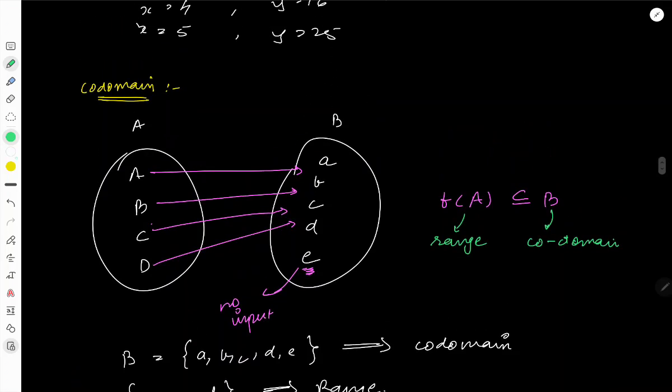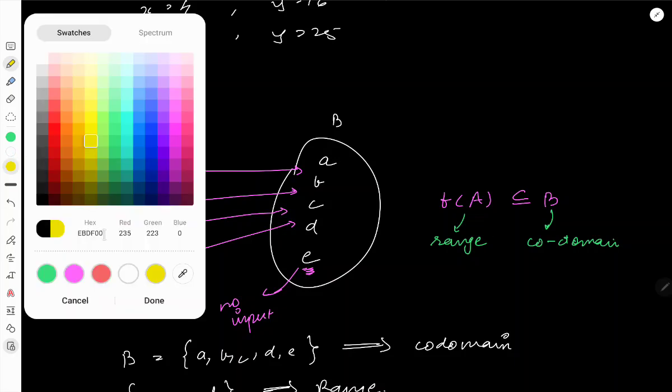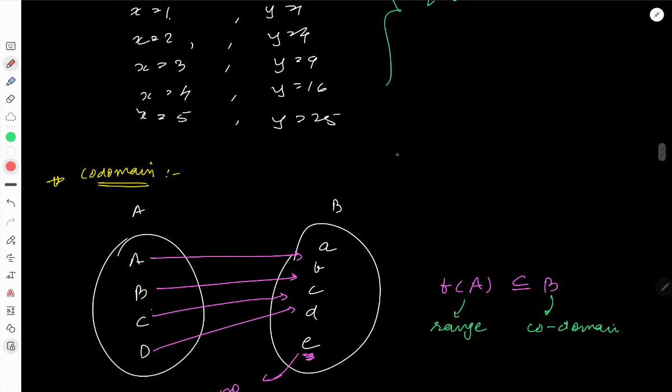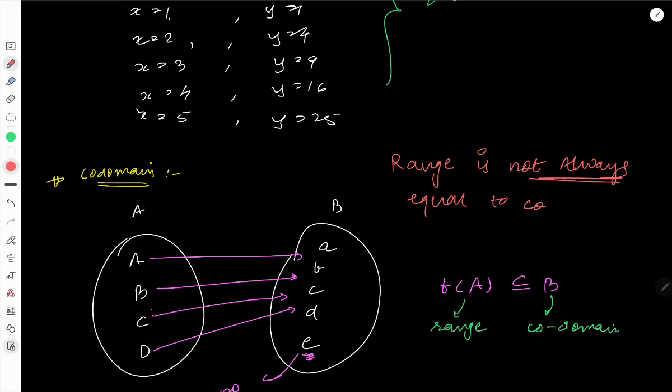Now a common misconception that students have is that range and codomain are the same. So I'm writing it in bold in large letters: range is not always equal to codomain.